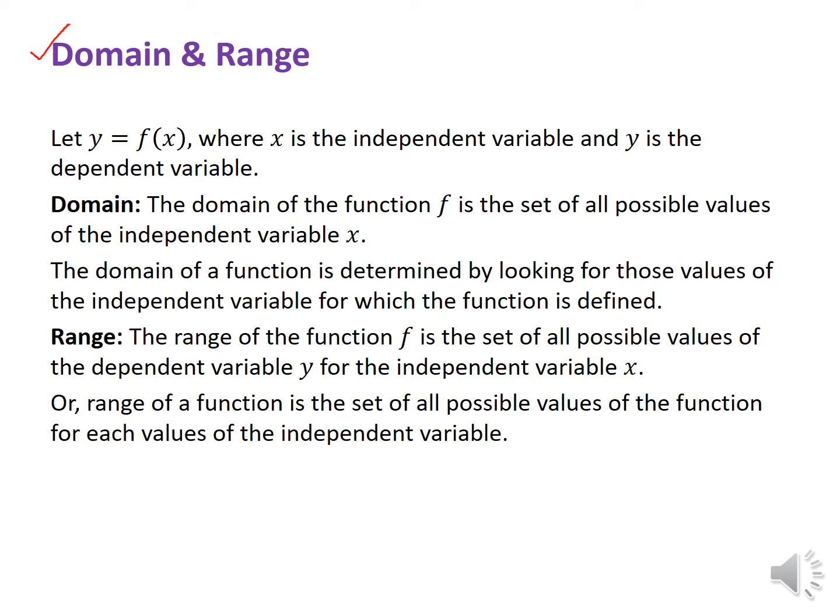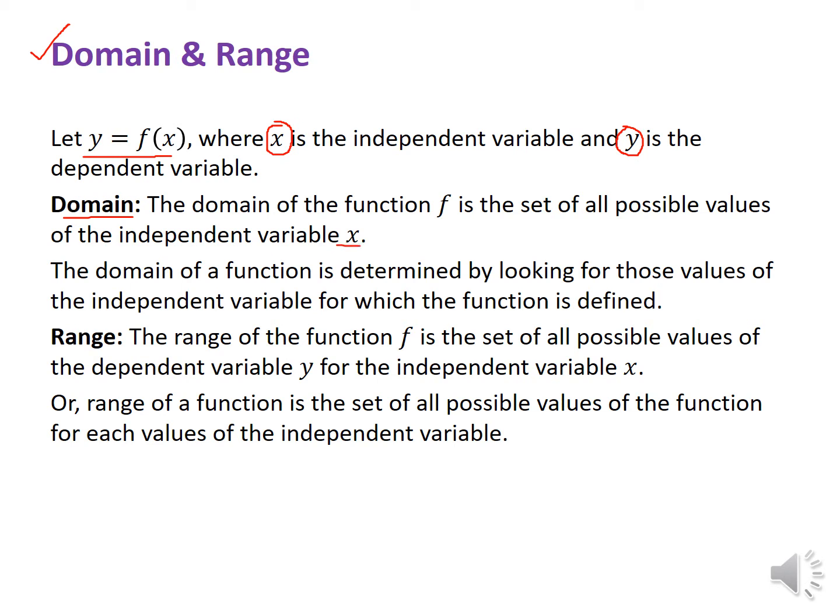Now the formal definition of domain and range. So let y equal f of x, where x is the independent variable and y is the dependent variable. So the domain of the function f will be the set of all possible values of the independent variable x.